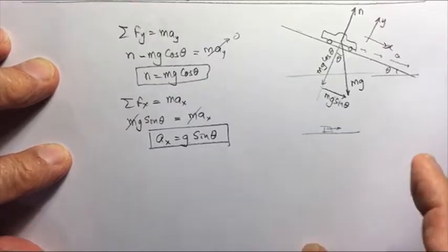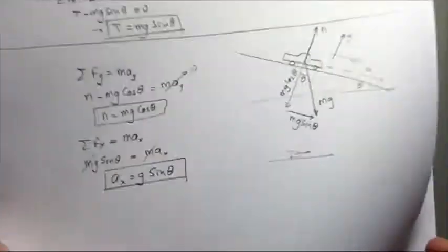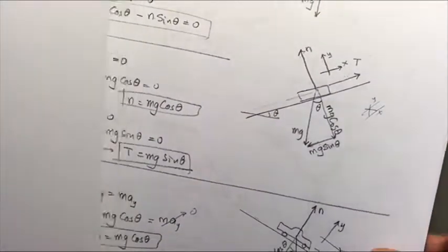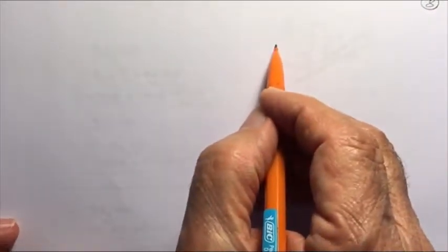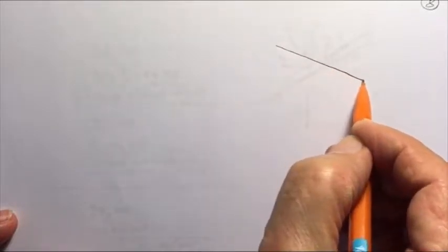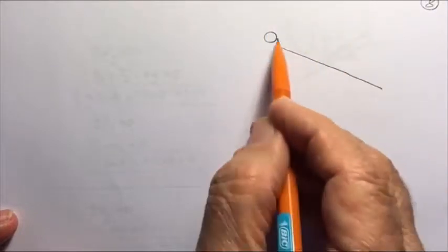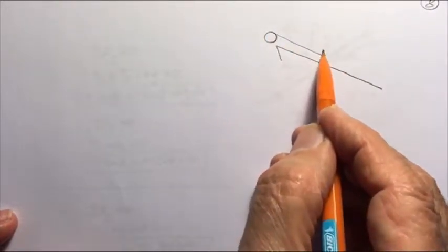Now, lastly, we have one more example, and that is for multiple objects tied together. So let's suppose we have an inclined surface and we have a pulley over here, and there's a string attached to the pulley.